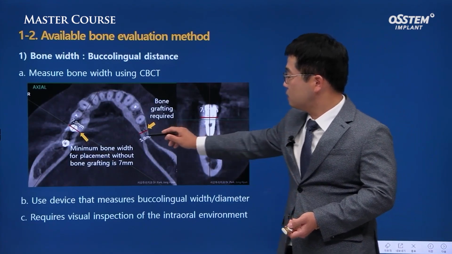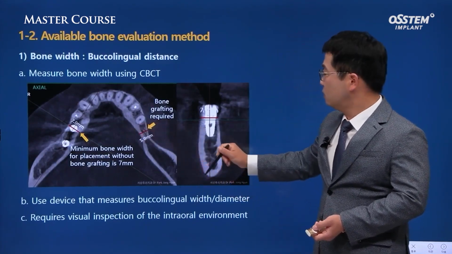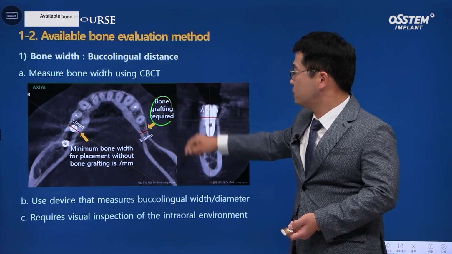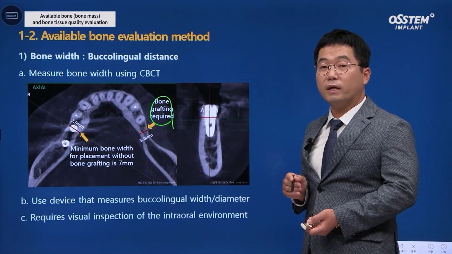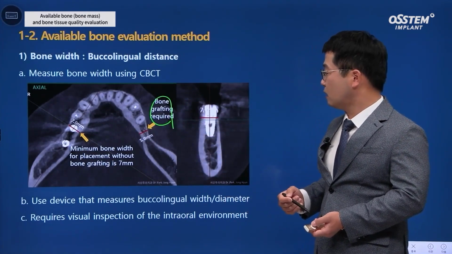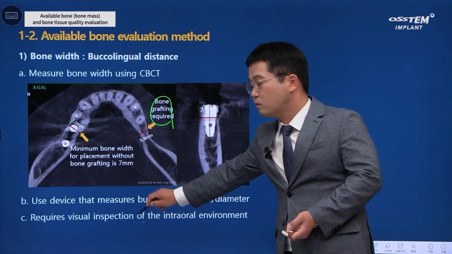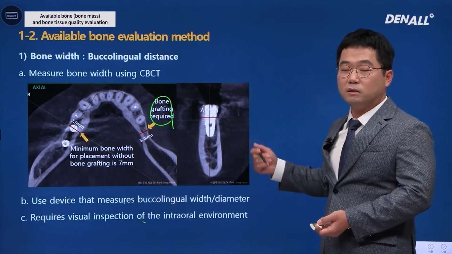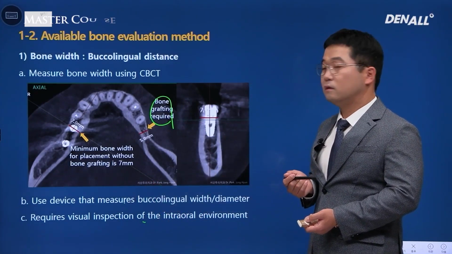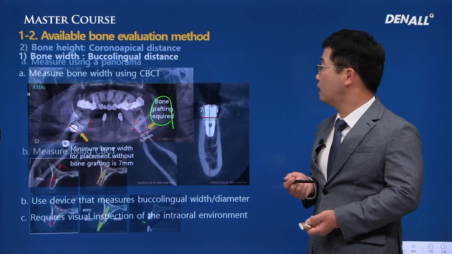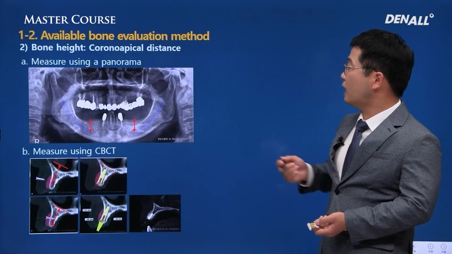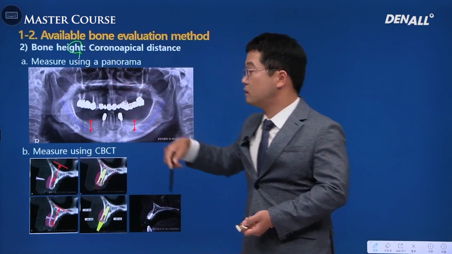Let's look at CT. You can do visual inspection. You can see where there is lack of bone. You can do bone graft. Other methods include using devices and doing visual inspection. Also, I would like to talk about bone height.